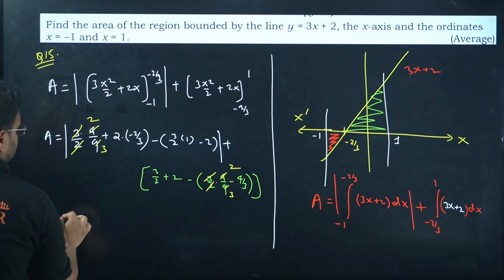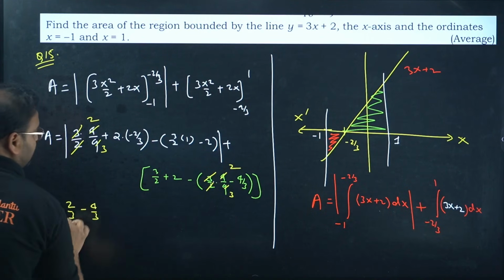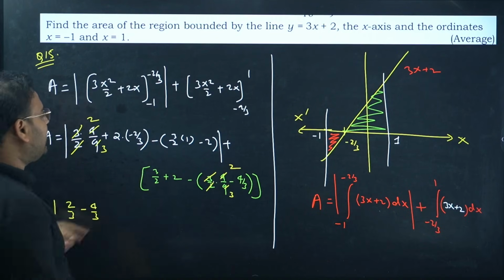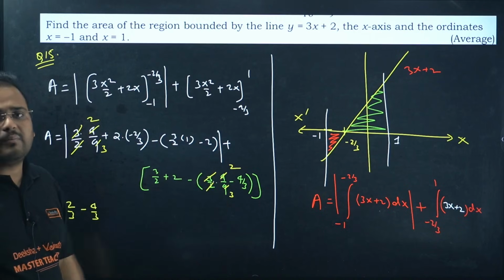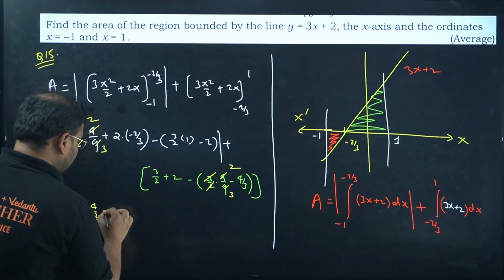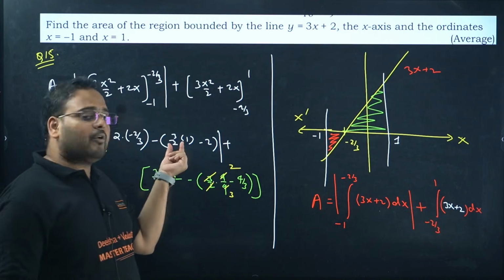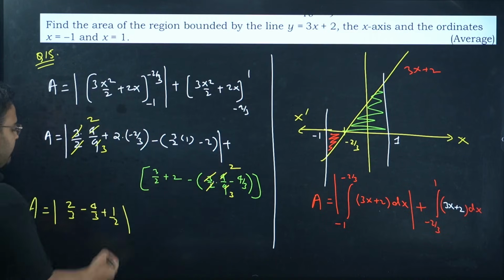The area becomes, as the modulus is there, 2 by 3 minus 4 by 3, and minus 3 by 2 minus 2 for the first part. 3 by 2 is 1.5 and this is 2. The difference will be minus 1 by 2. The outside sign is negative, so it becomes plus 1 by 2. Check here, 1.5 minus 2 is minus 0.5, it will become plus 0.5, so 1 by 2.